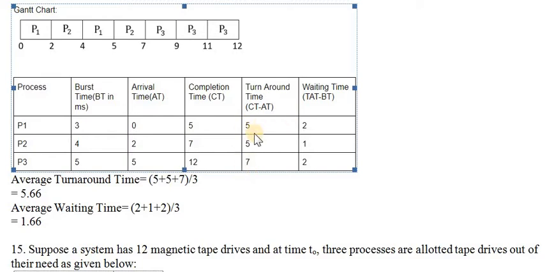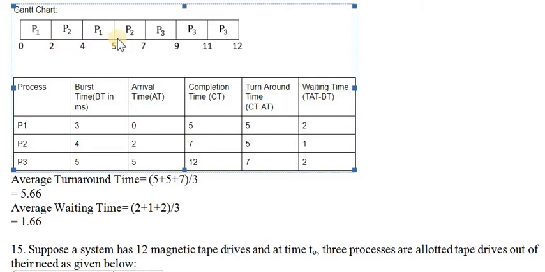Now, how much time did each process wait? P1 finished at the 5th second. Initially it ran, and after that P2 waited for 2 seconds, that is its waiting time here. Likewise, how much time did P2 wait? You calculate P2's waiting from here.